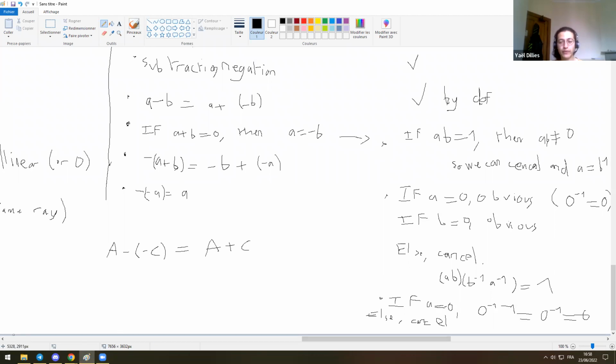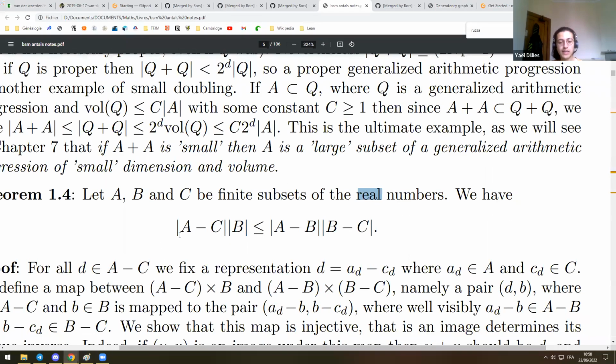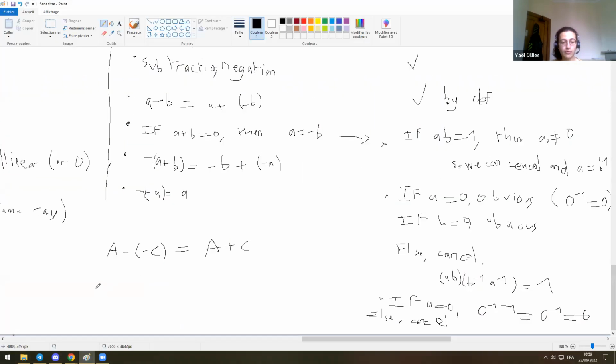And same, I could also replace B by minus B to get A minus C times B is less than A plus B times B minus C. But then I would need to rewrite minus B minus C as equal to minus B plus C, as being minus B minus C. And it just goes on to a list of equalities which I would want to be true but which weren't easily accessible to Mathlib, it just goes on forever.